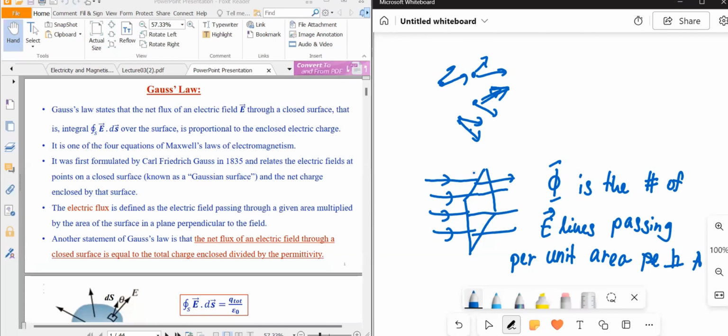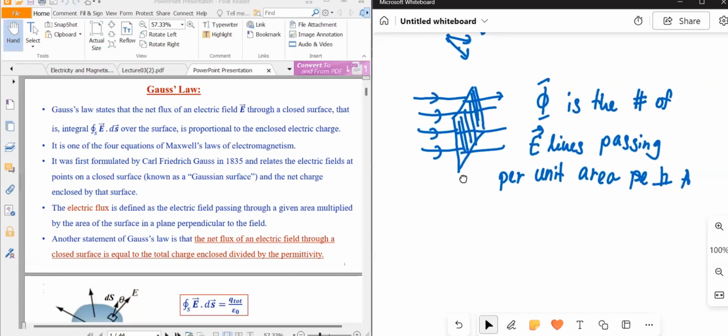So for this considered area, how many electric field lines are passing perpendicular to that area? That is the flux. So if this area is not perpendicular to the electric field lines, what will happen?